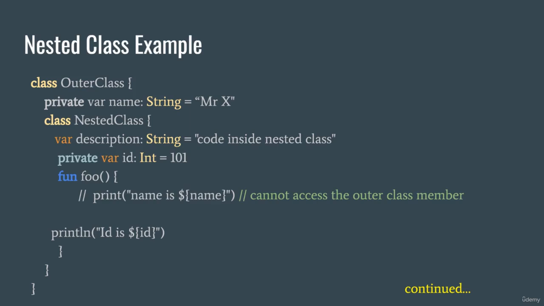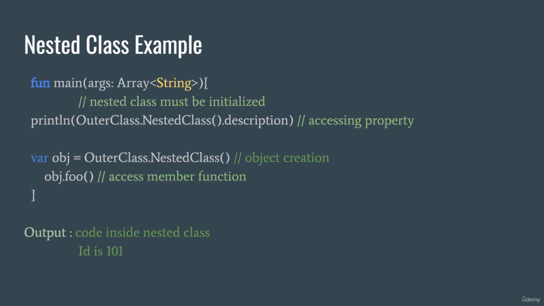In the nested class example that we see here, we have this outer class, and there we have a variable called name, and it's set to Mr. X. And then we have this nested class, which has a description, and then it has an ID, which is of type int, and a function called foo, which just prints the name and the ID. And then we go to our main function, where we try to access the description.